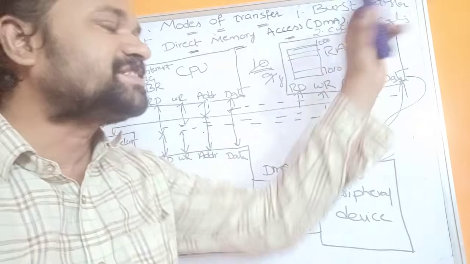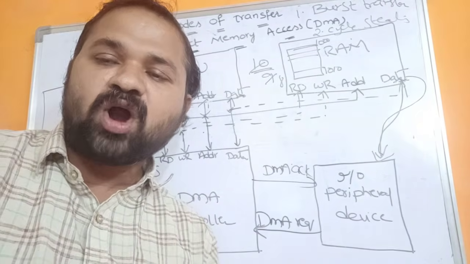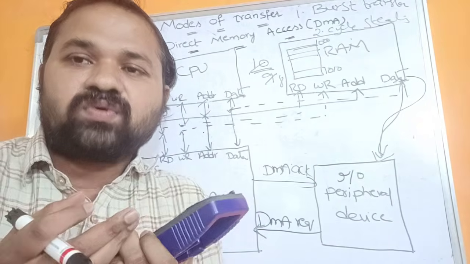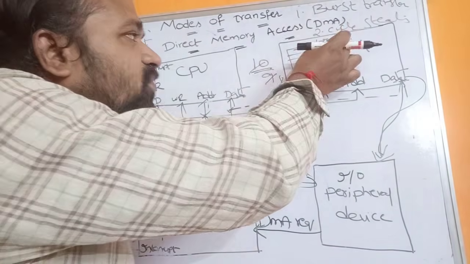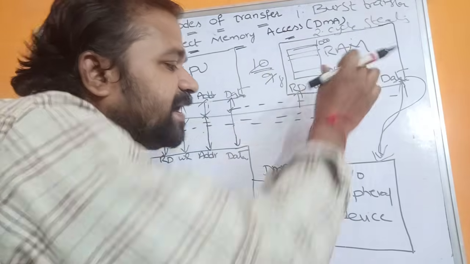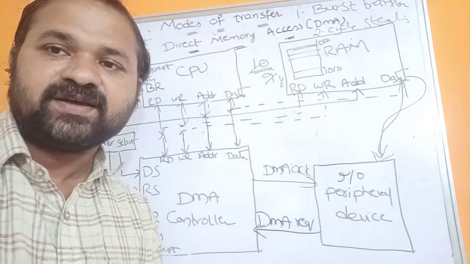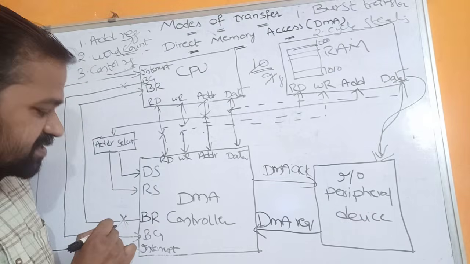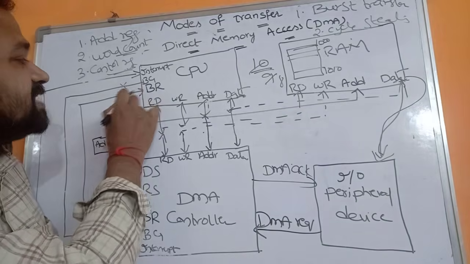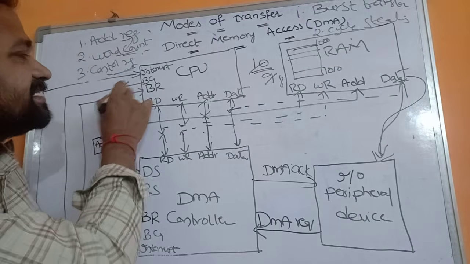Next, cycle stealing mode. In cycle stealing mode, the words are transferred one by one. The first word will be transferred between the main memory and the IO peripheral device. After that, the DMA controller disables the bus request line, and the CPU disables the bus grant line.